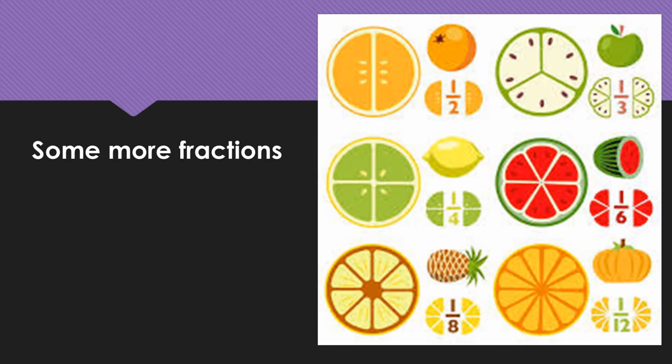The watermelon has been cut into 6 equal parts. So each piece is 1/6 of the fraction. The pumpkin has been cut into 12 equal parts. So each piece of the pumpkin is 1/12. That is, one piece of 12 equal parts.